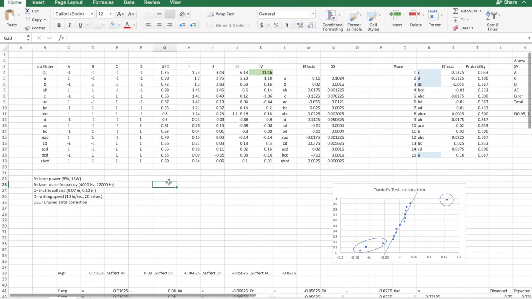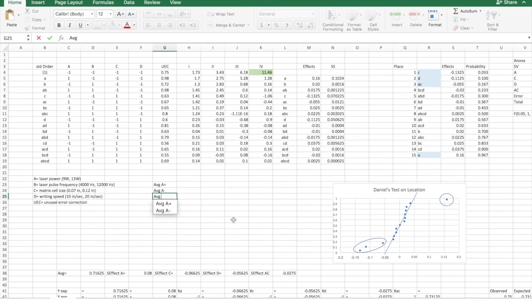For example, we have to obtain the average for every significant effect and interaction, which was the average of A when it's high, the average of A when it's low, and for every significant effect, which was C, the average of C low, D, the average of D high, and D low.